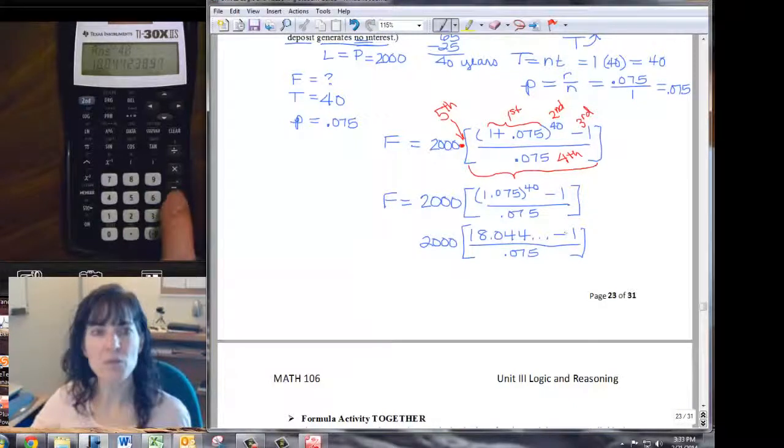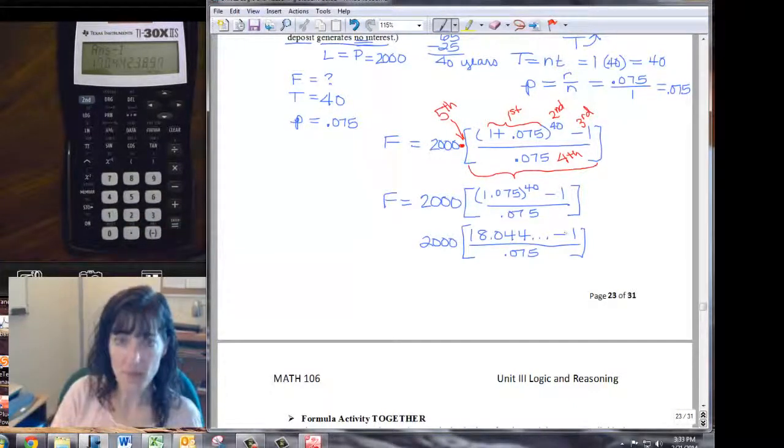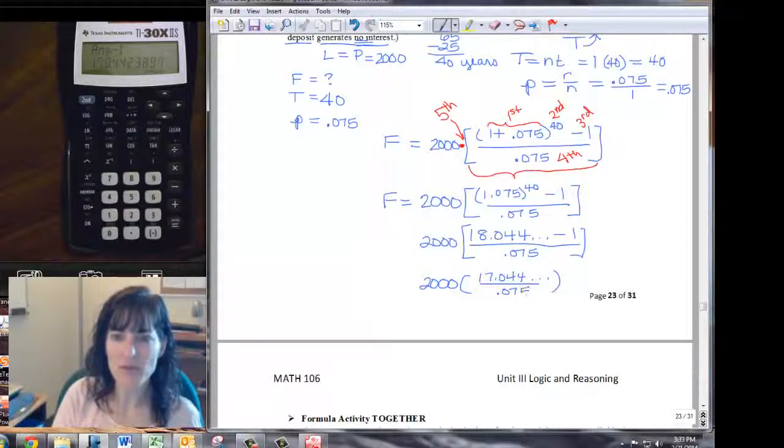So subtract over here minus 1 equals, and I get 17.044, that shouldn't surprise me at all, divided by 0.075.